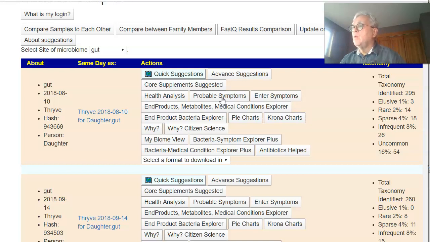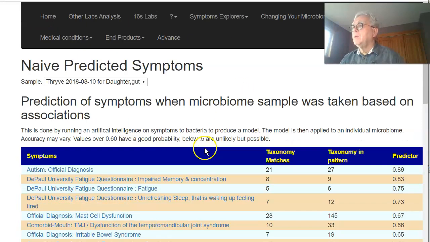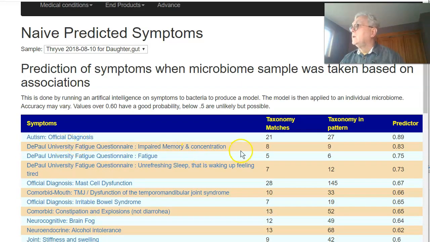So here is the oldest one from 2018, and number 1 is autism. 21 out of 27 patterns match, 0.89 predictor. We also have memory, fatigue, unrefreshing sleep, also showing up as characteristic.